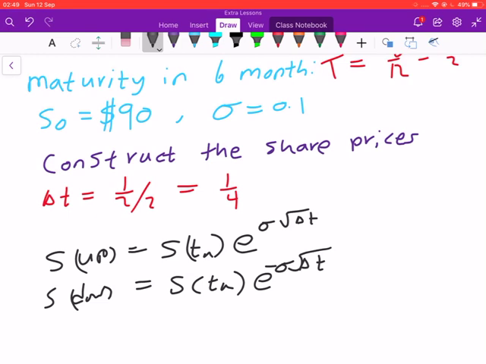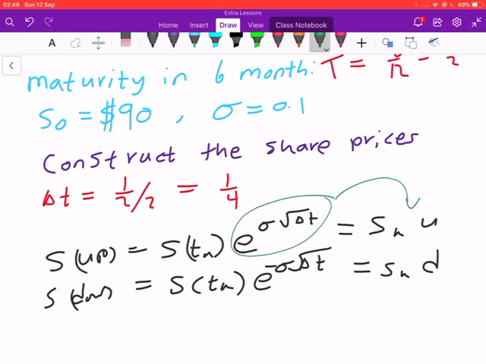We can just basically say this is S, K, up and down. So this is going to be your up, and this is going to be your down.